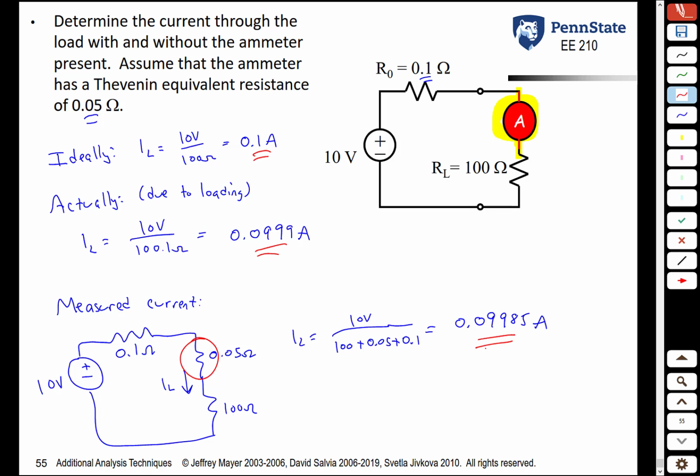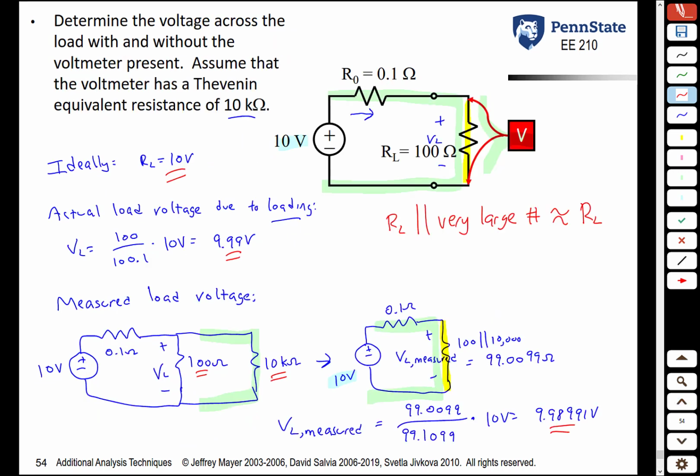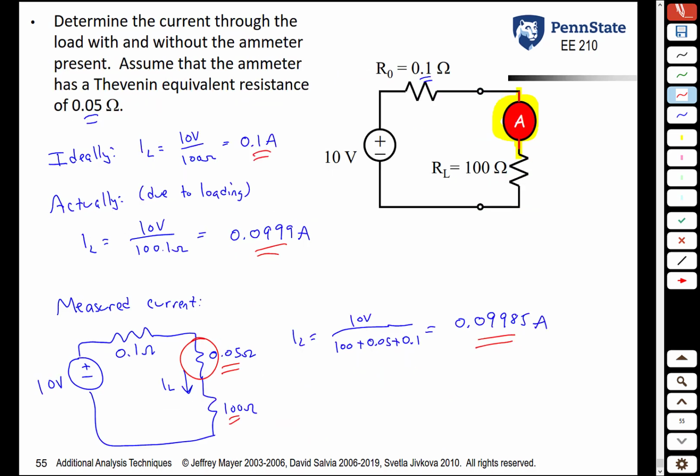Once again, if the internal resistance of the ammeter is very small compared to the resistance of the load whose current you're measuring, the effect of that ammeter resistance is going to be very, very small. So it's opposite of the situation with voltmeters. With voltmeters, you want the resistance of the voltmeter to be much larger than the resistance of what you're measuring. In an ammeter, you want the resistance of the ammeter to be much less than the resistance of what you're measuring.